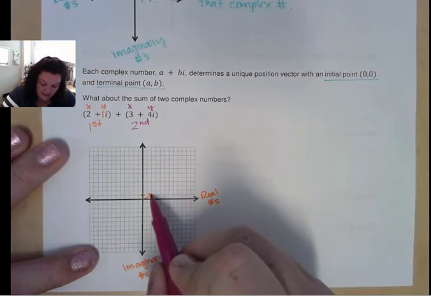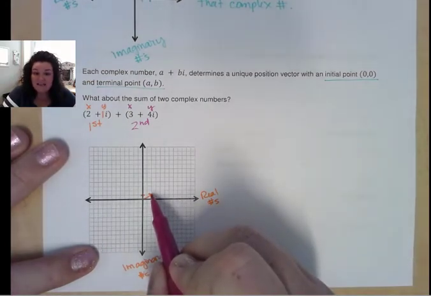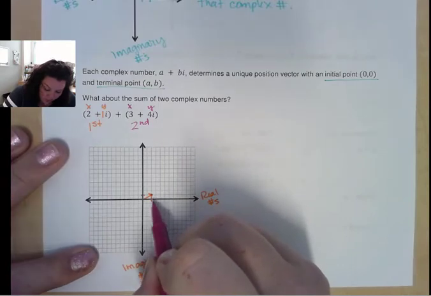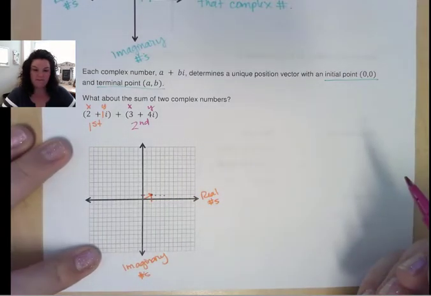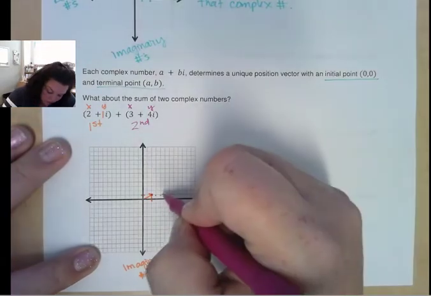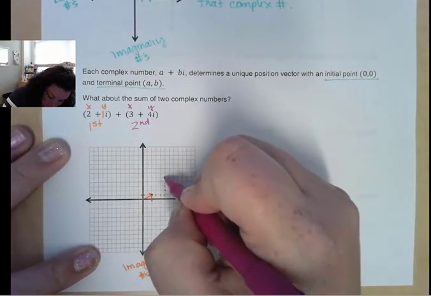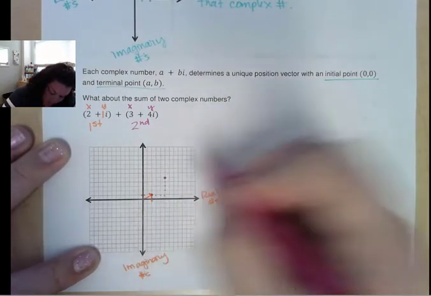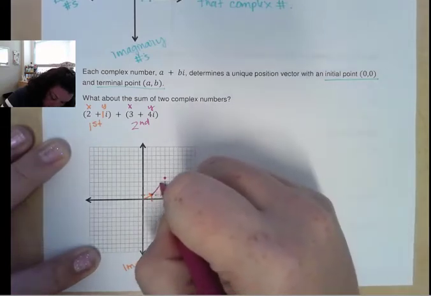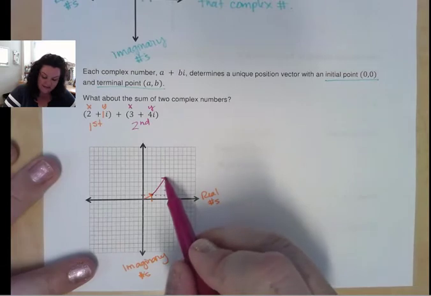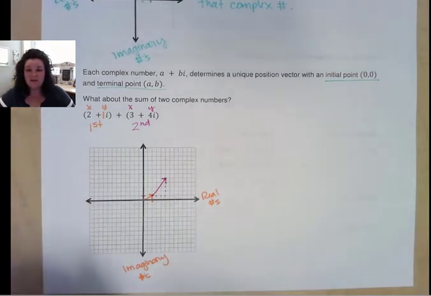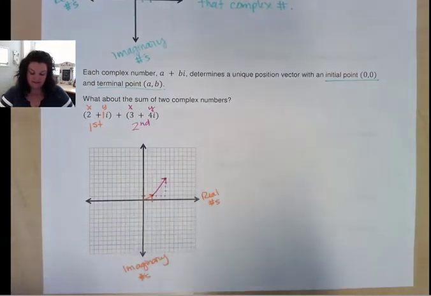So from the end of this vector, I'm now going to go forwards 3, so 1, 2, 3, and then up 4, 1, 2, 3, 4. So that's where this vector ends. Wherever it ends, that's the vector that is created by this addition.